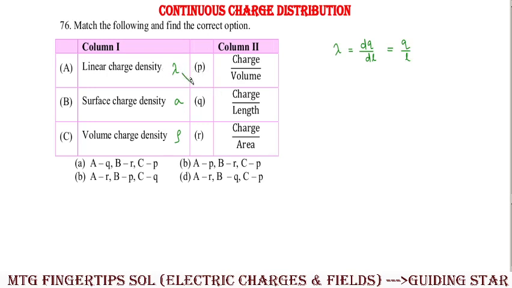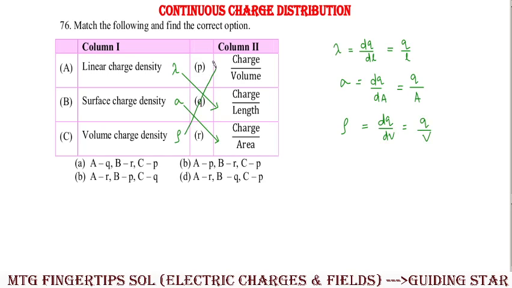So this is q, so for a it will be q here. How will we define surface charge density sigma? It is dq upon ds, surface area dA or dS. That means for a uniform surface, total charge upon total area. And volume charge density is nothing but dq upon dv, that means for a uniform system it will be q upon v, total charge upon total volume.